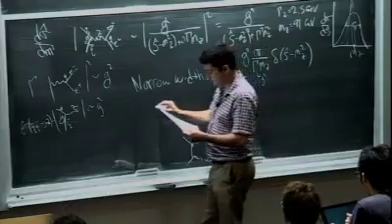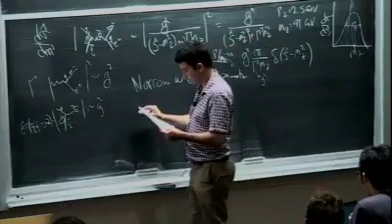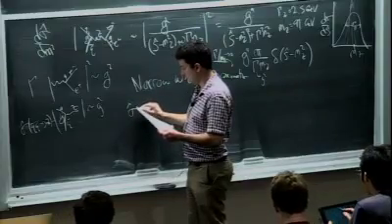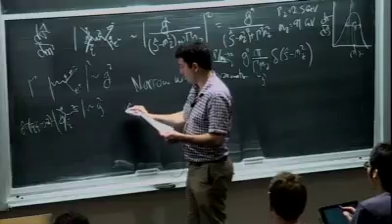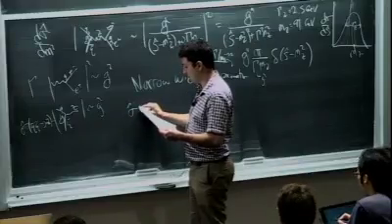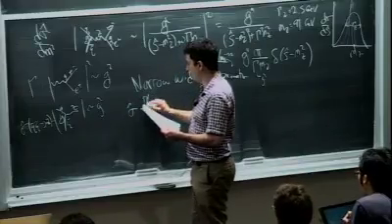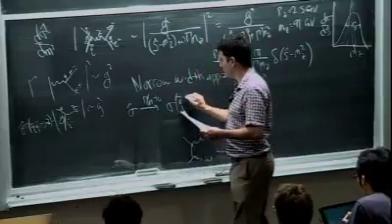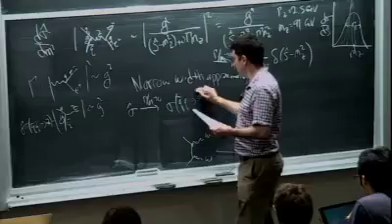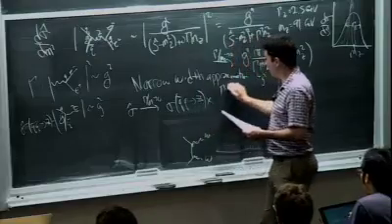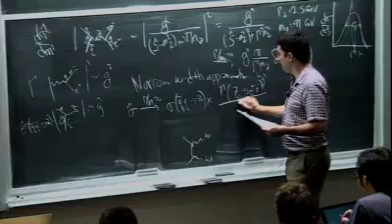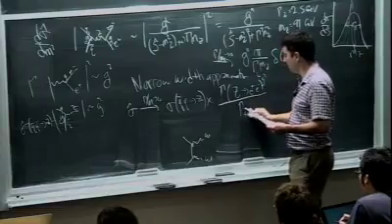Which says that sigma, as gamma over m goes to 0, goes to the cross section for q q-bar goes to Z times the decay rate for Z to, say, e plus e minus, divided by gamma total.